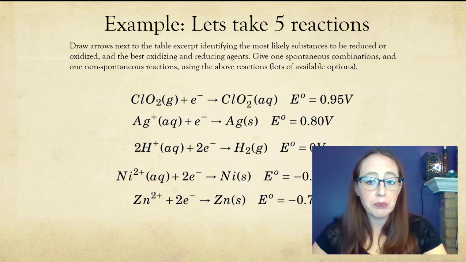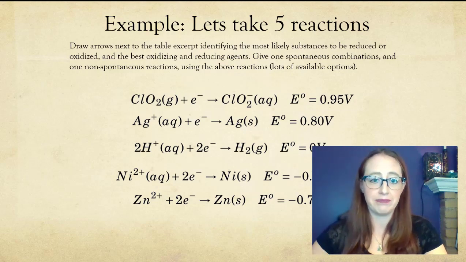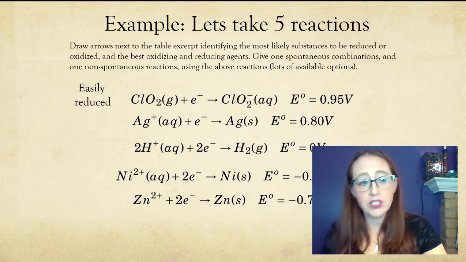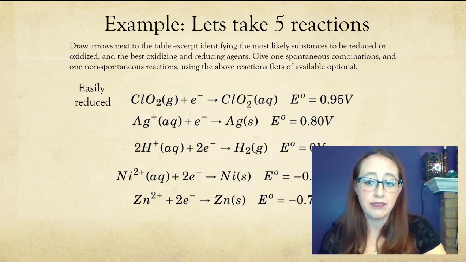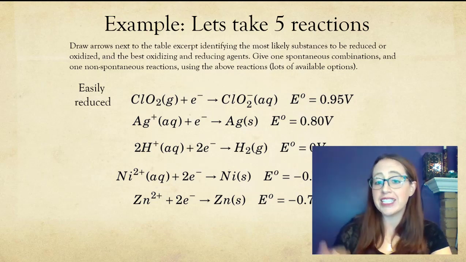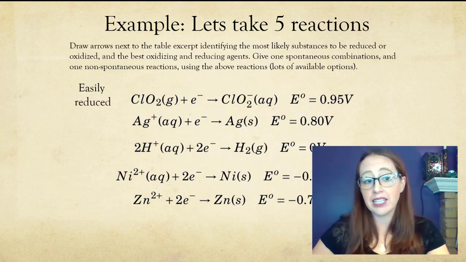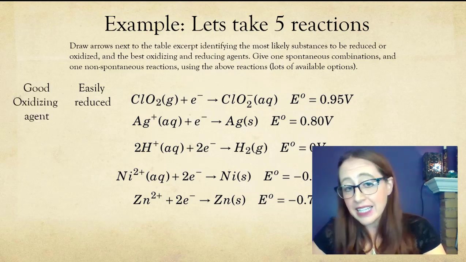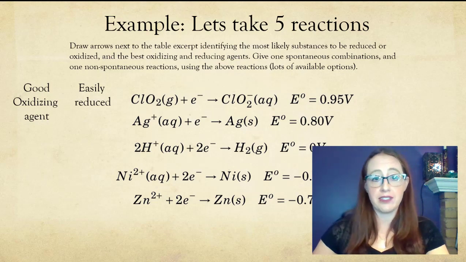Things with lower reduction potentials have higher oxidation potentials, and so they are more easily oxidized. Anything that is easily reduced is a good oxidizing agent. And so species which are easily reduced will be your good oxidizing agents, and species that are easily oxidized will be your good reducing agents.